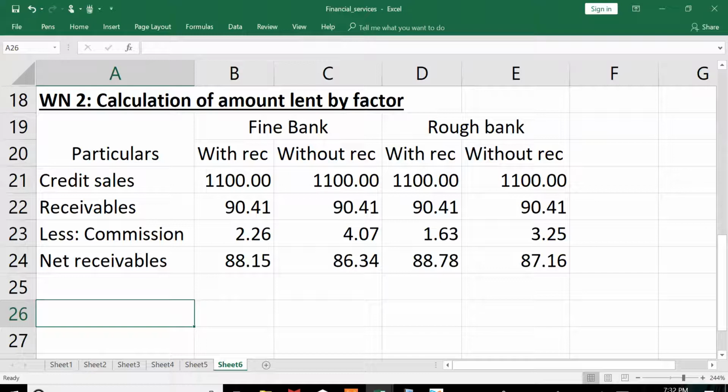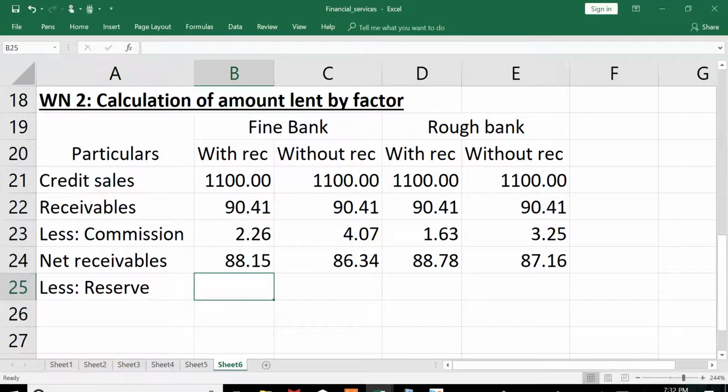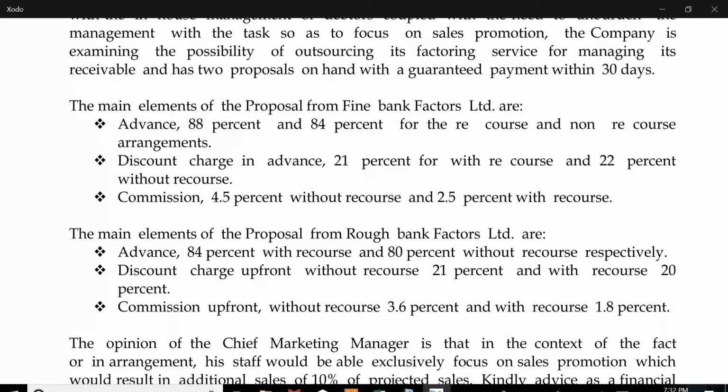Their reserve is on net receivables after deducting commission. The reserve number with recourse is 12% and without recourse is 16%. 88 advance means 12 is reserve, 84 advance means 16 is the reserve portion.